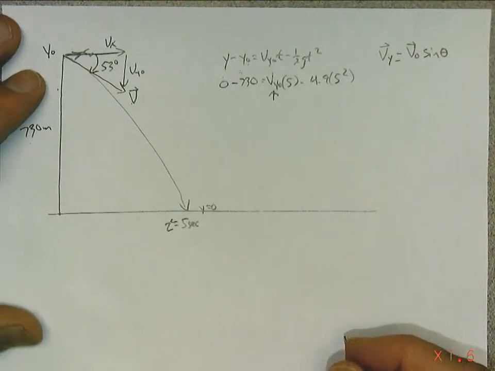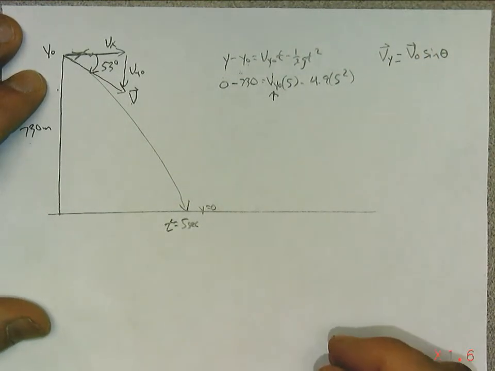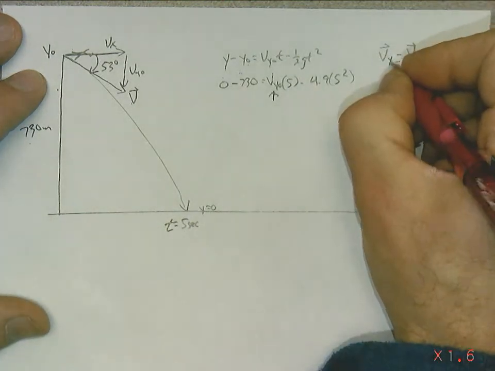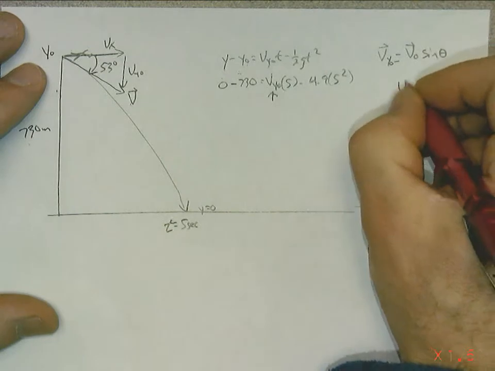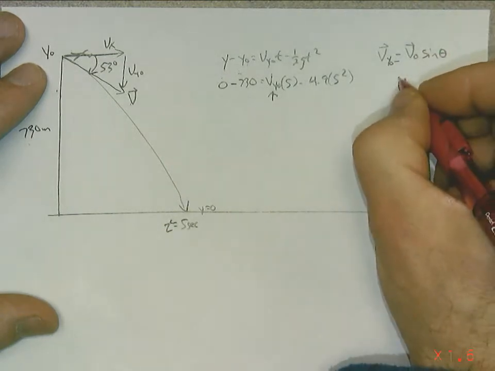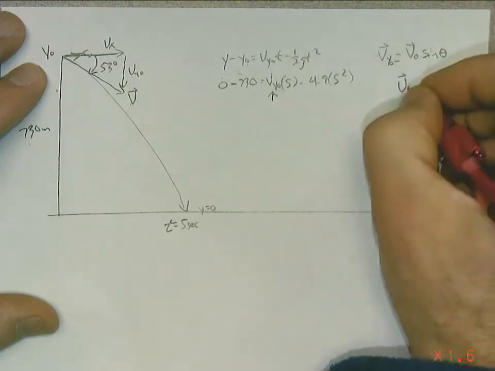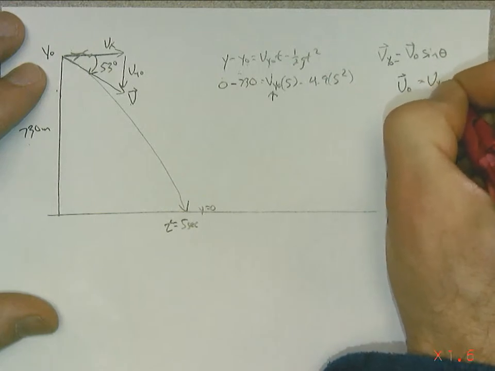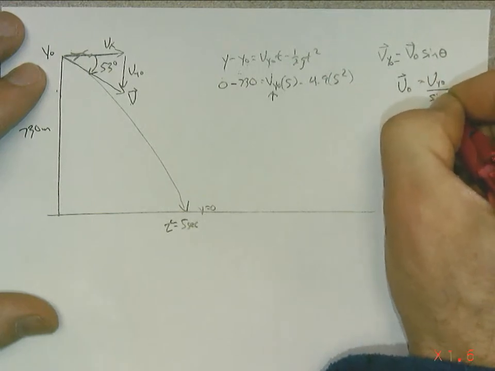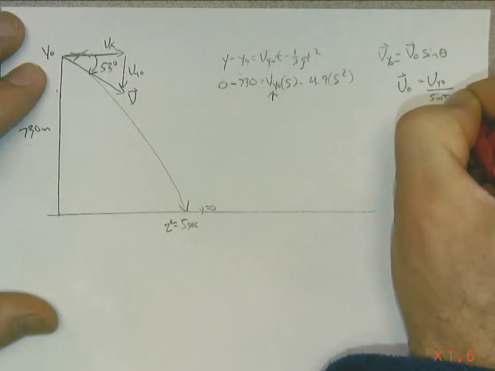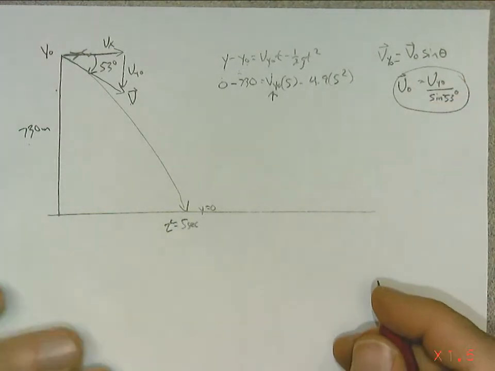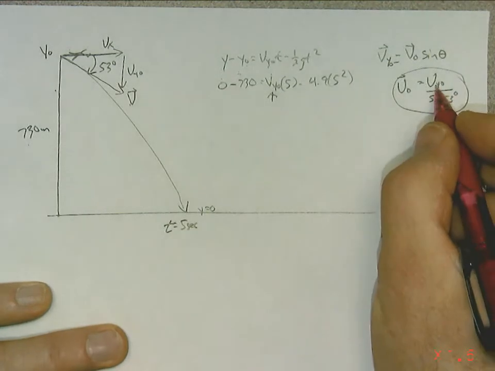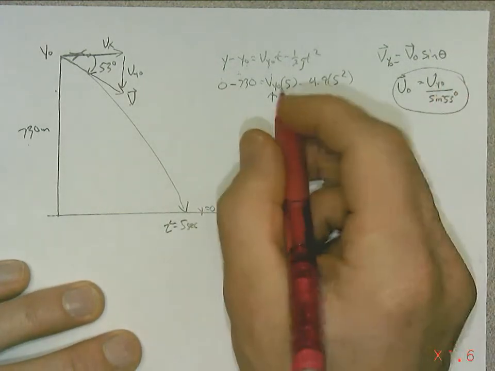So V0 sine of theta, that's what Vy is. And particularly I'm interested in Vy0. So this V0, the magnitude, is equal to Vy0 over sine of minus 53 degrees. So this is going to be our answer. That's why it's important to find Vy0. So back to this.